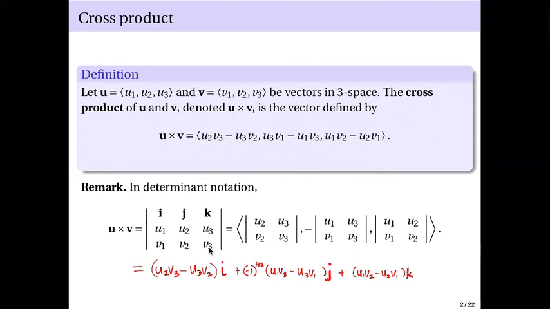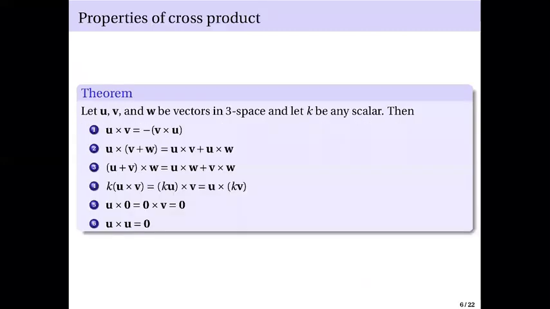So you have to be mindful of the order of the factors in the cross product. So take note of that. U cross V is equal to negative V cross U.